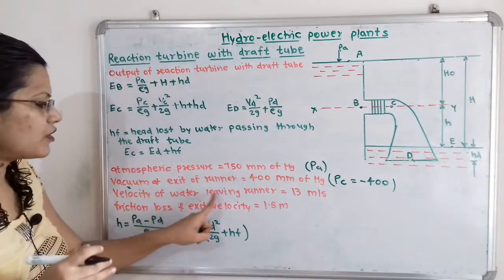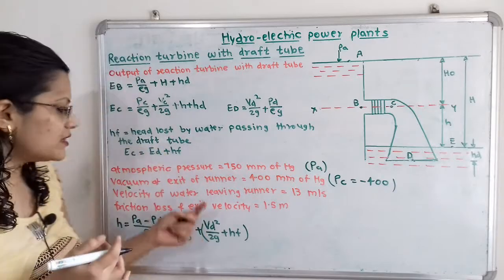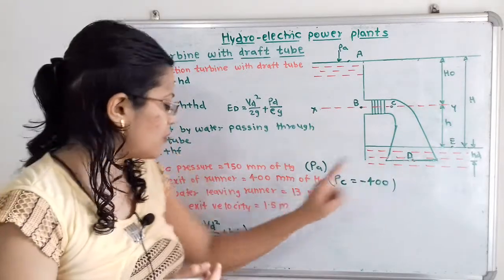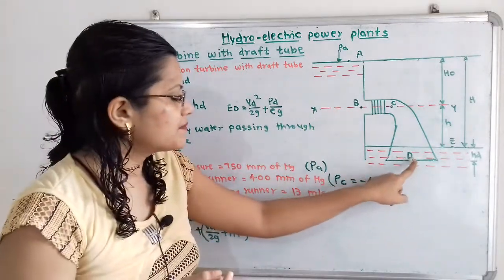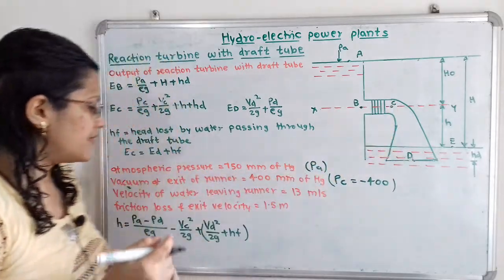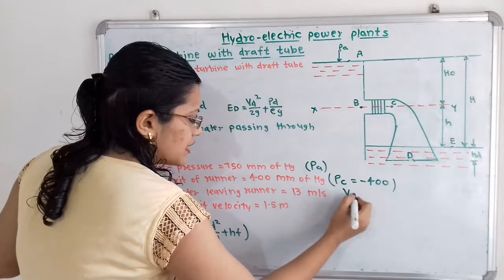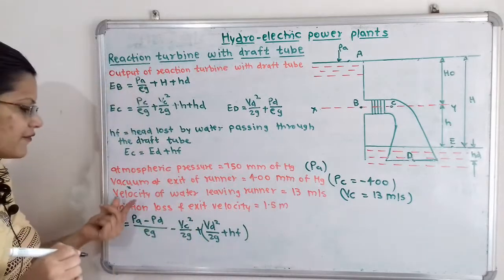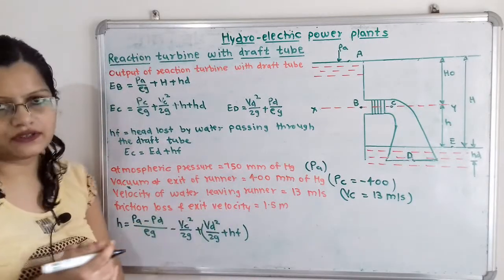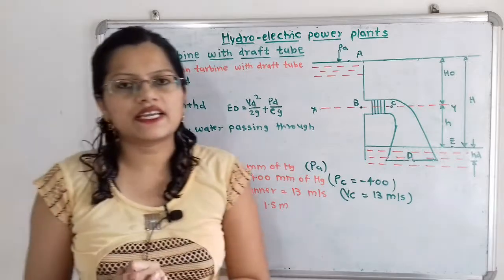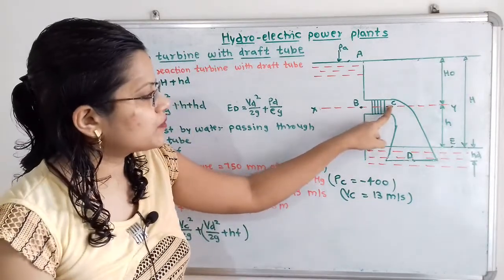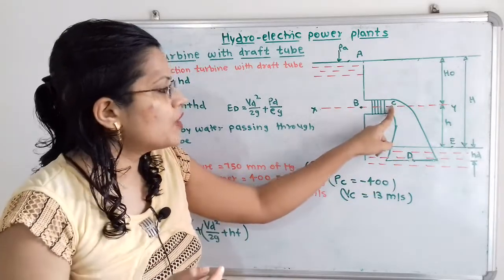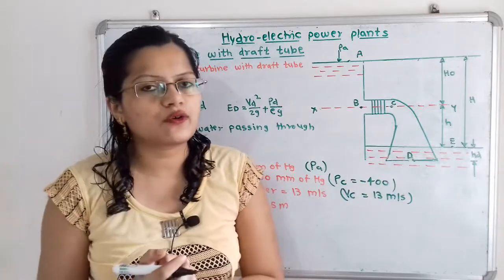Then the velocity of water leaving the runner. So when the water is leaving, that means if we observe this diagram, velocity of water leaving the runner, that is Vc is given. So leaving the runner, that means Vc is equal to 13 meter per second. And friction loss and exit velocity. So here friction loss is taking place when the water is moving from this point C, that is at the entrance of the draft tube, to the exit of the draft tube, that is from point C to point D, and these losses are known as the head losses.